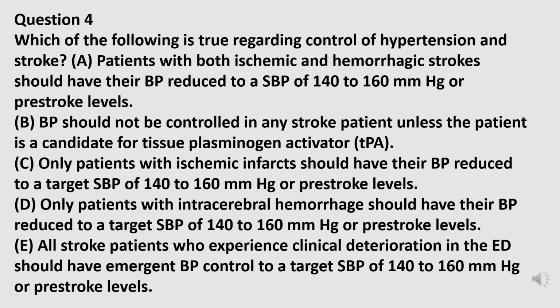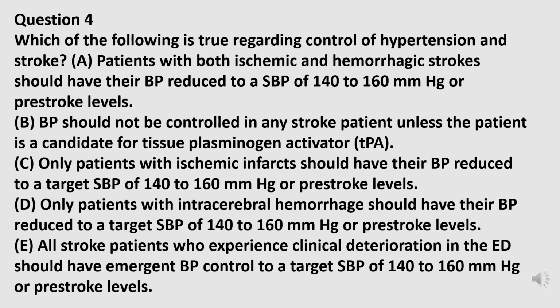B. BP should not be controlled in any stroke patient unless the patient is a candidate for tissue plasminogen activator, TPA. C. Only patients with ischemic infarcts should have their BP reduced to a target SBP of 140 to 160 mm Hg or pre-stroke levels.